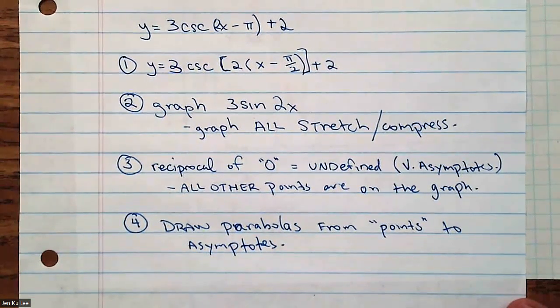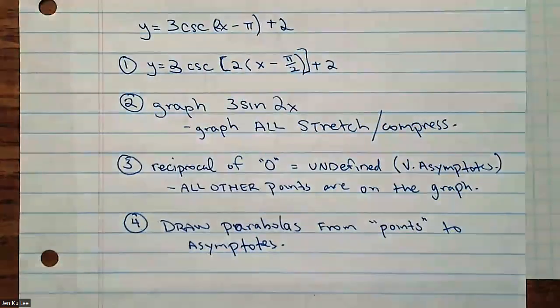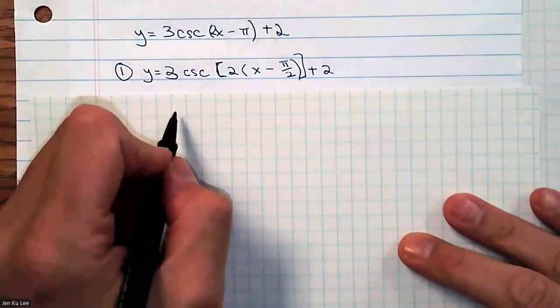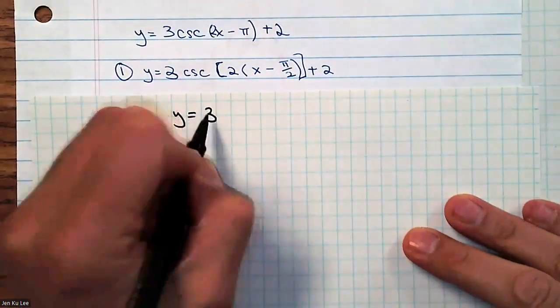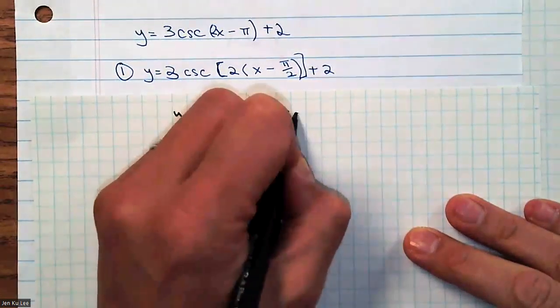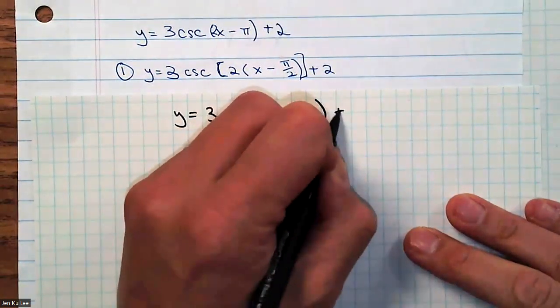So we're going to go ahead and graph this on a new graph paper. We're going to graph y equals 3 cosecant of 2x minus pi plus 2.